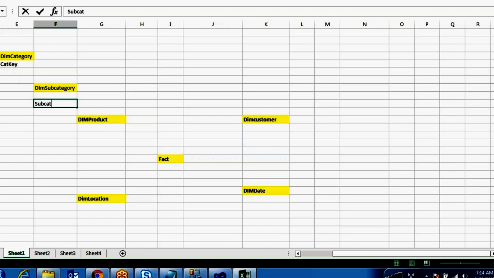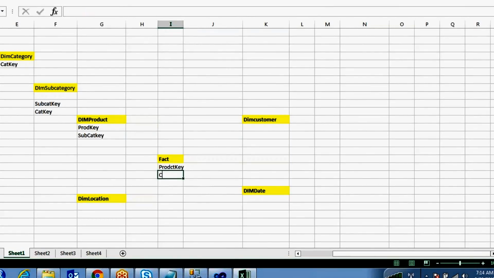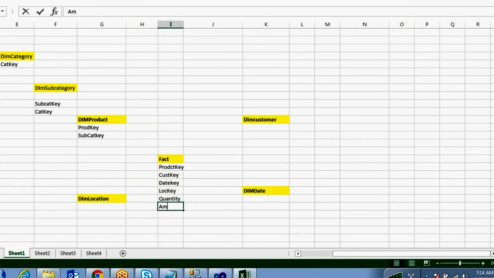This is the subcat key and category key, and in the dim product we are going to maintain the product key and subcat key, and here in the fact table we maintain the product key, customer key, date key, and location key, and what is the quantity, what is the amount.